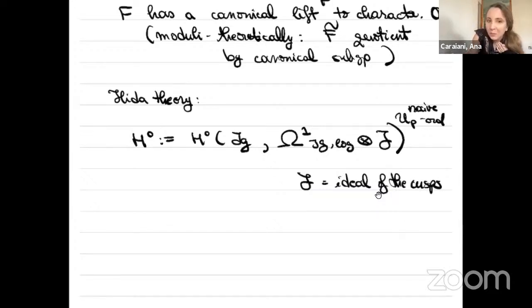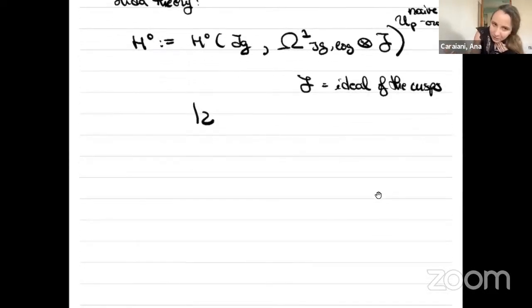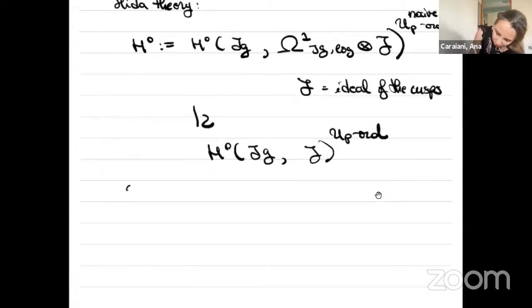So this would be the space of ordinary p-adic cusp forms as Hida defines it. And you can, using the Kodaira-Spencer isomorphism, identify this with just global sections over the Igusa tower of the ideal of the cusps, taking ordinary parts with respect to a renormalized U_p operator.